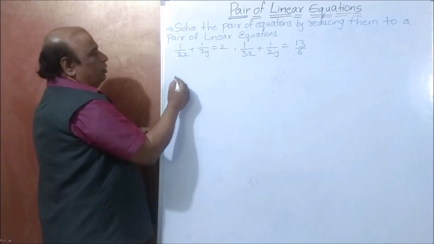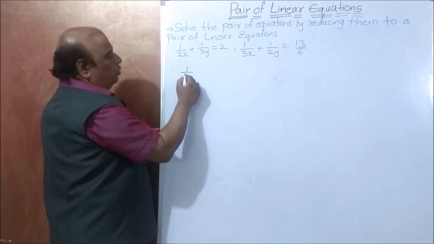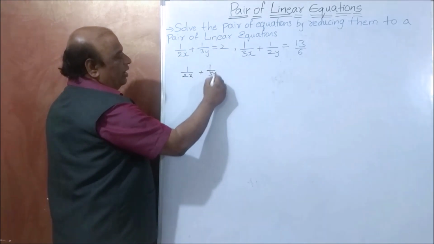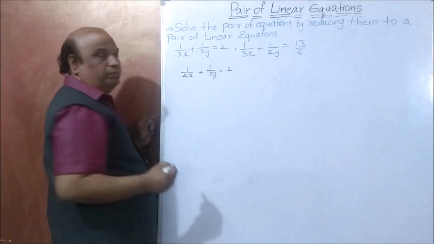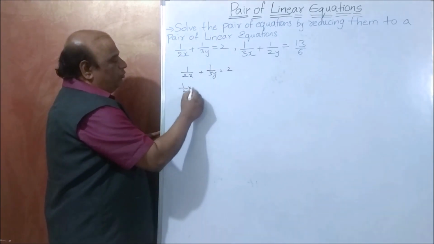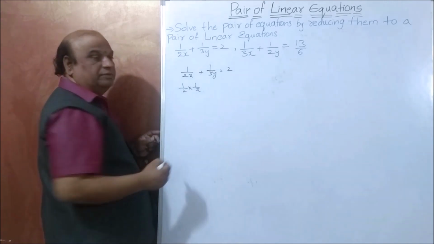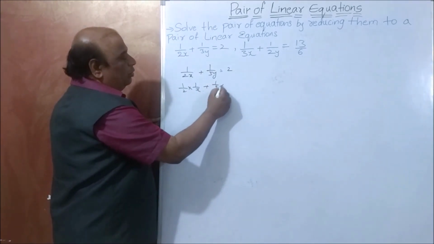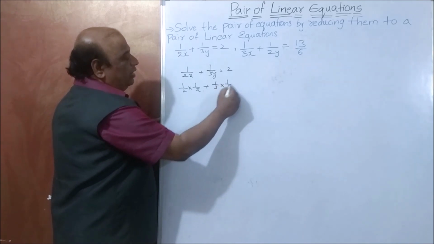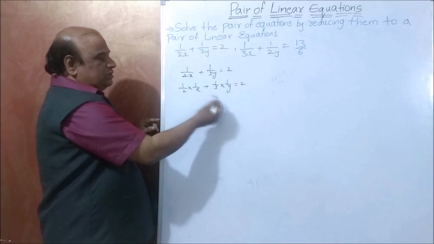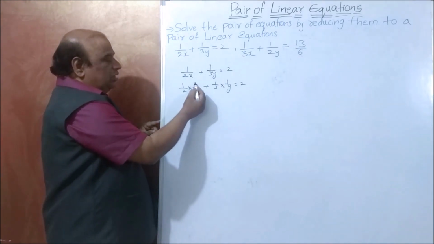Here 1/(2x) + 1/(3y) = 2. If you observe this, you can write it as 1/2 into 1/x plus 1/3 into 1/y is equal to 2. Just imagine this.